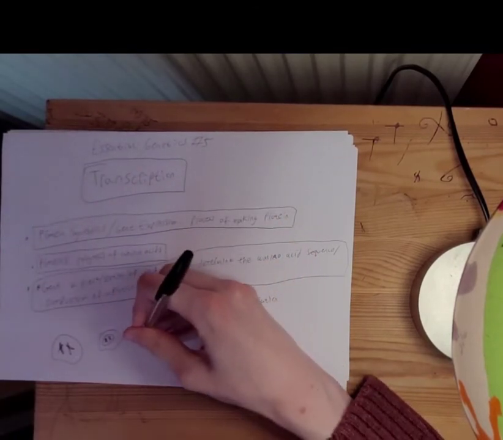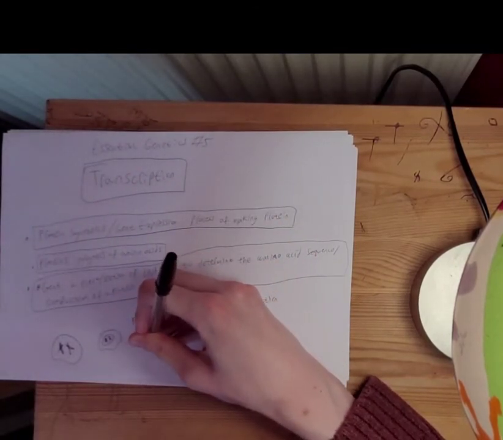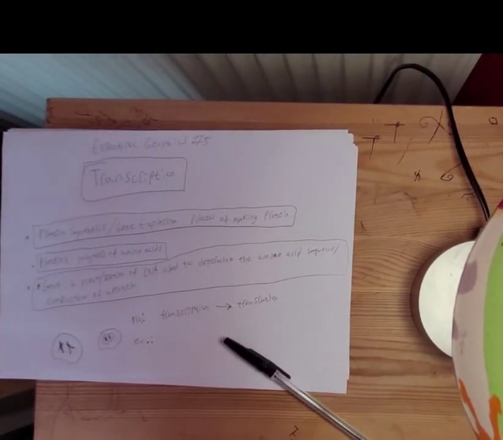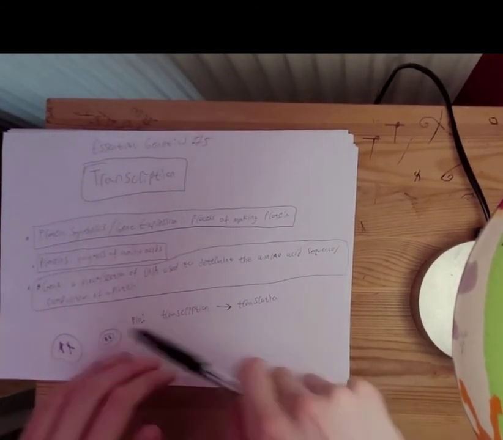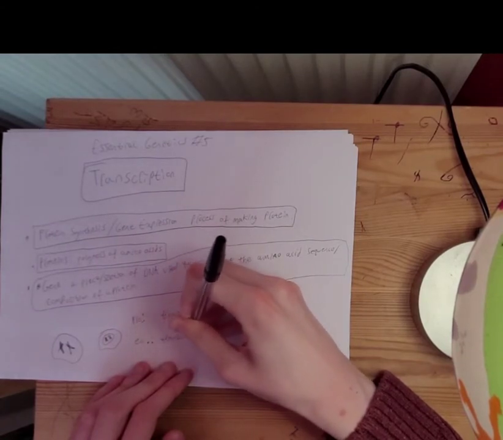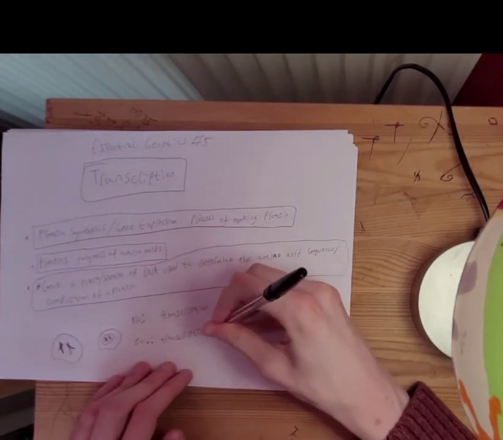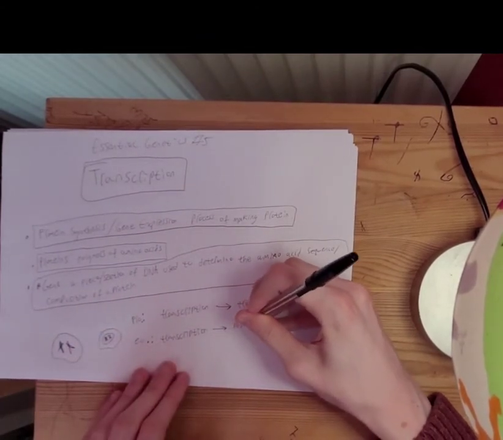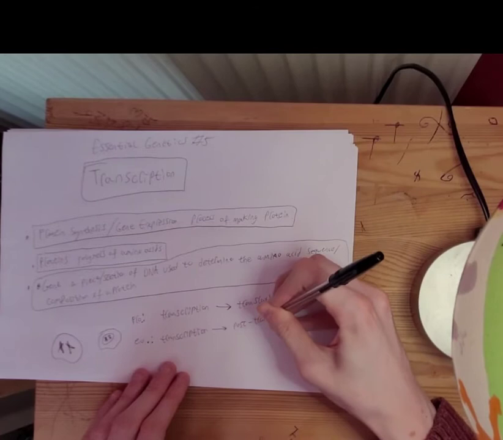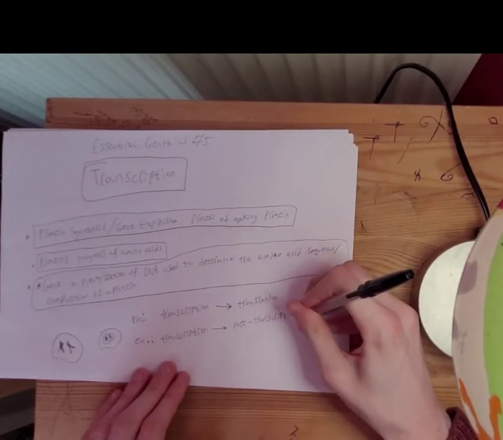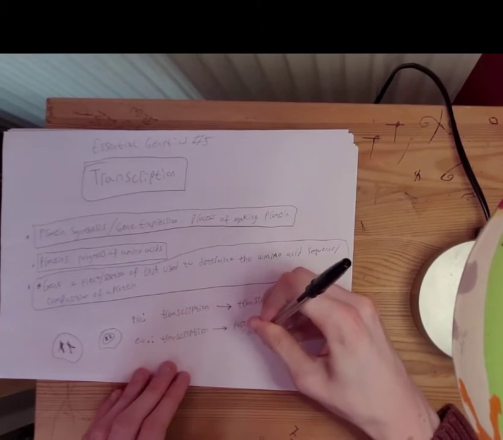In eukaryotes, it's not the same. There are 2 extra stages that it has to go through. After you've done your transcription, you must modify your copy of the gene. So that's called post-transcriptional modification.